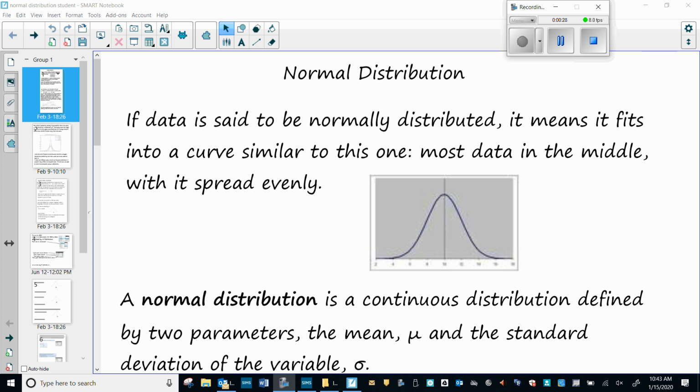Now, what do I mean by normal distribution? Well, if things are normally distributed, are you familiar with that? It means that the data would fit this kind of curve. This is known as the bell-shaped curve. Even things like your results, the grade boundaries, are pretty much determined by making sure that the results are in a bell-shaped curve.